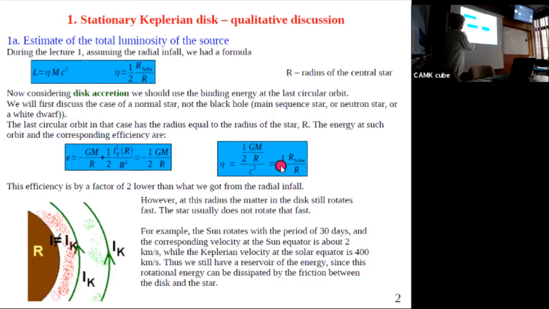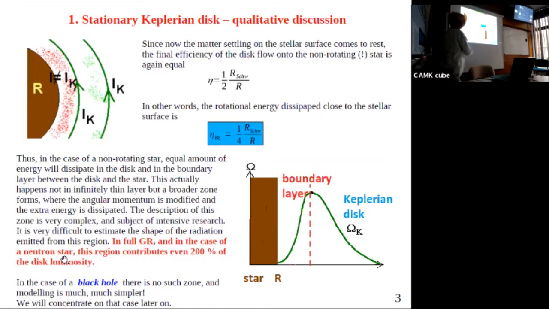Yes. So this will be the efficiency of an accretion disk, a quarter of this ratio, while the total efficiency is that. So we need to dissipate the amount of energy, which is also equal to that, and only in a very narrow zone.